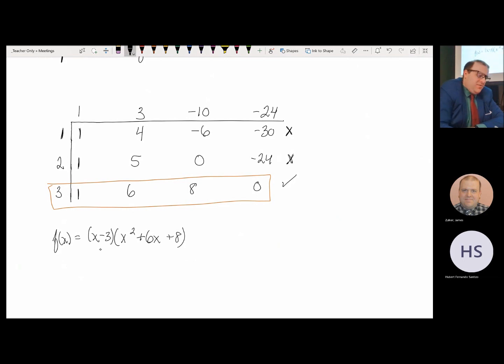There's the divisor times the quotient plus remainder of 0. Because 3 is a 0, that's why I'm using it. The idea is you want to keep doing this until you get a quadratic, because quadratics are easy to solve. You either factor it simply, or you use the quadratic formula.